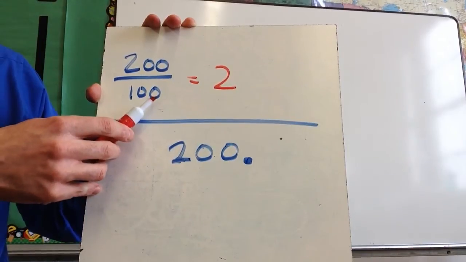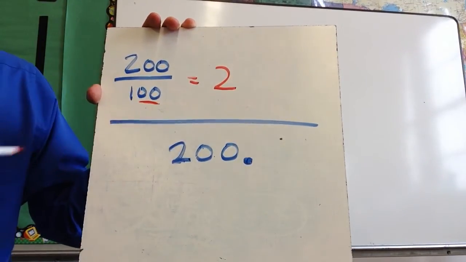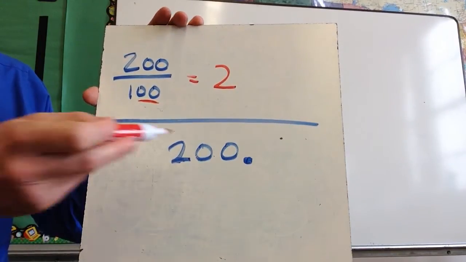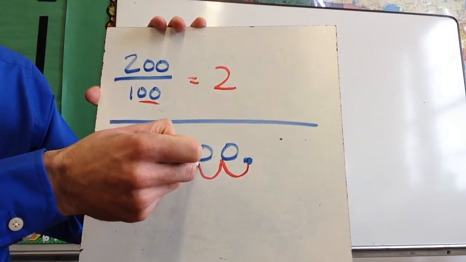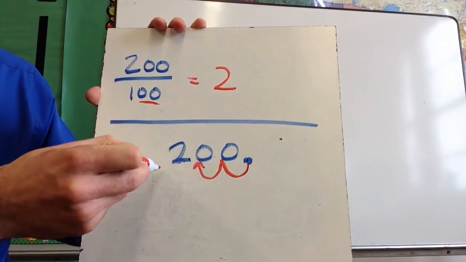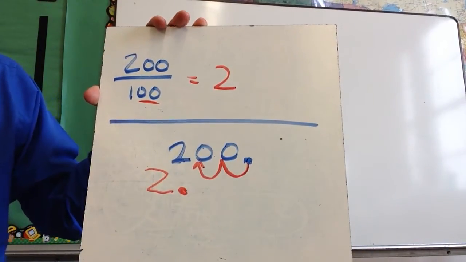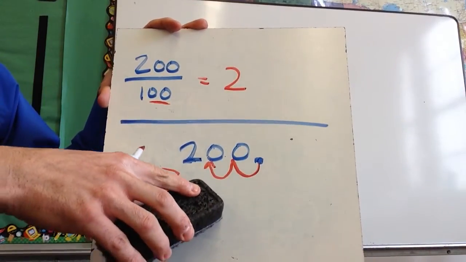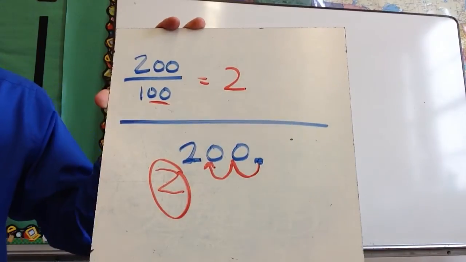If I'm going to divide by 100, I'm basically going to jump the decimal two places, because there are two zeros. So I jump it 1, 2, and the decimal would then go there, so it would be 2 point. Because that's where the decimal is, I don't have to put it, and so my answer is 2, which is the same thing that you got there.